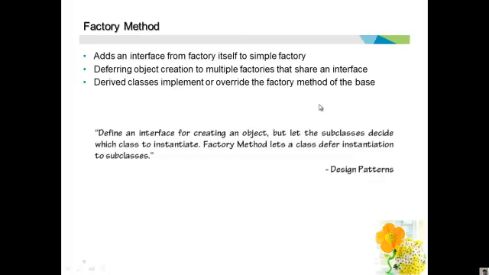The major point here is that we add an interface to the simple factory itself, and in our case we are going to refactor the customer factory class to have an interface called iFactory, and later we can defer the object creation to one or many factories implementing the iFactory interface. Earlier we had only one factory to create all types of customers, but now we can have one factory for each customer, which can be used to add special attributes or create subtypes.